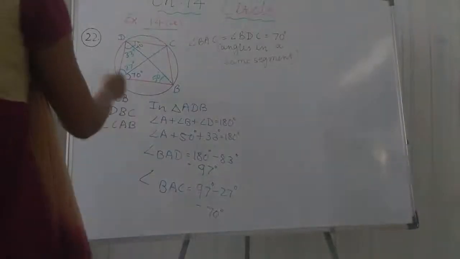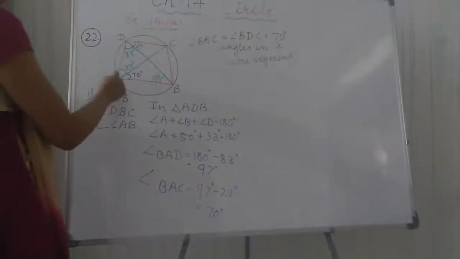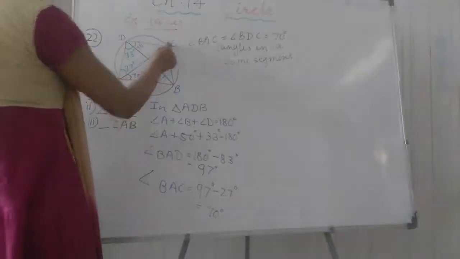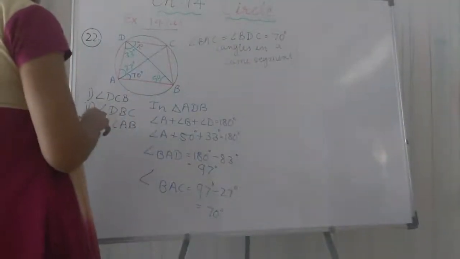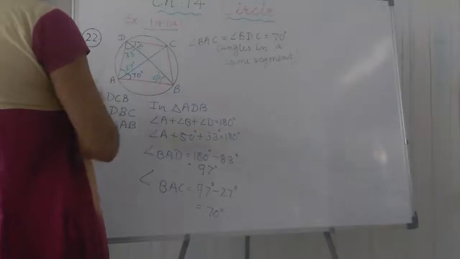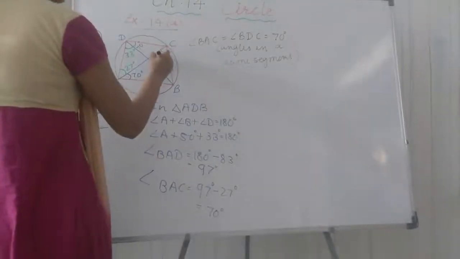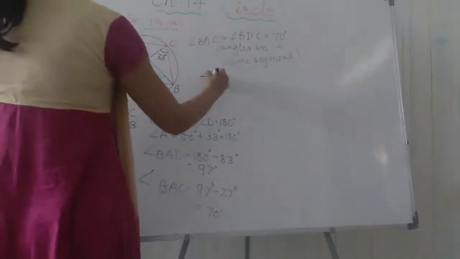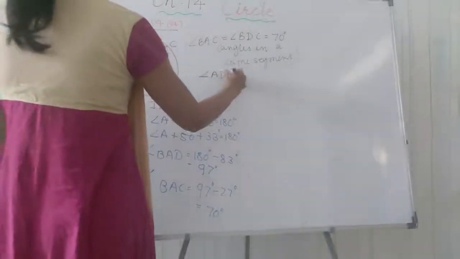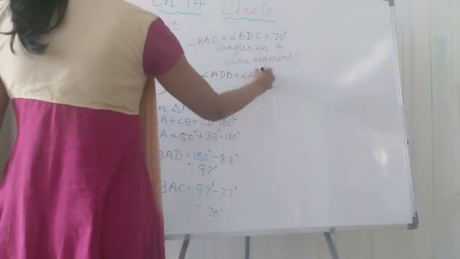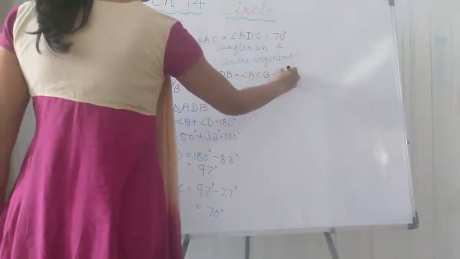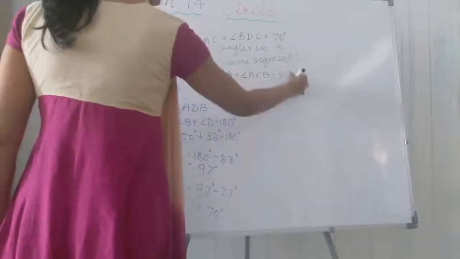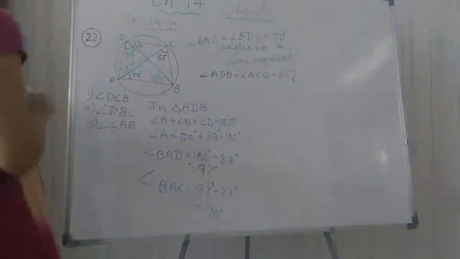Now here from this arc AB, ADB and ACB are also equal in measure. So this is 33. It means this is also 33 degree, angles in the same segment. So writing angle ADB is equal to angle ACB is equal to 33 degrees. Same reason. So I made the arrow.